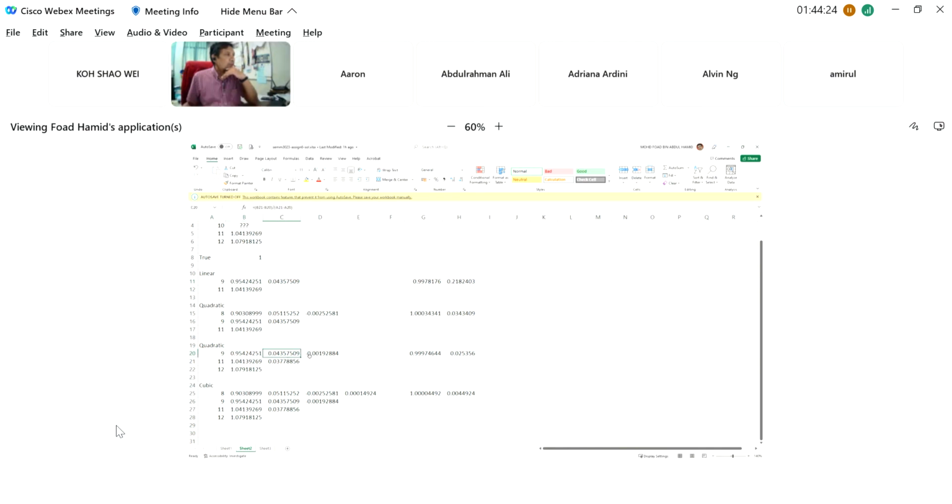But we need to add one more if we increase the order from linear to quadratic. This is x naught equal to 0.8. Note that our b naught, b1, b2 are the same if the order is also cubic. And we add one more, b3, because we increase the order from quadratic to cubic.